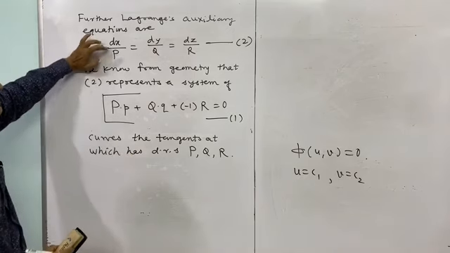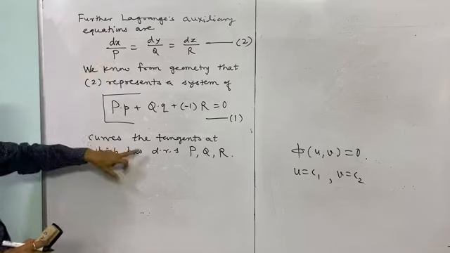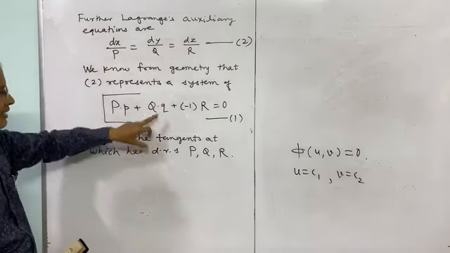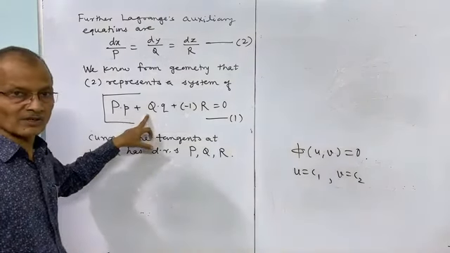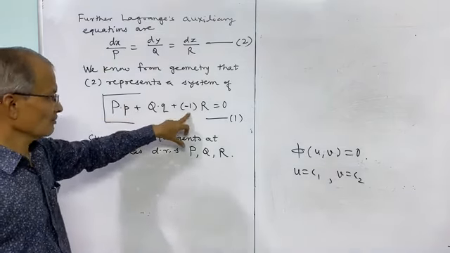So the second equation represents a system of curves, the tangents at which have DRs P, Q, R, and from the first equation we get the DRs of the normal as small p, small q and minus 1.